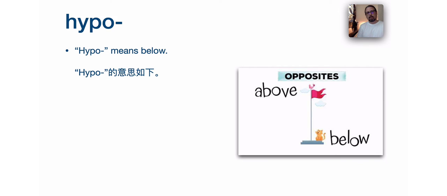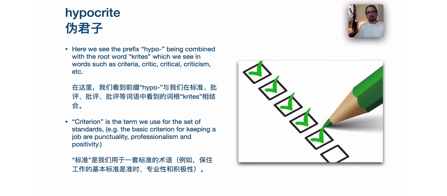All right, the second prefix is hypo, and that means below. The first word here is hypocrite. So do you know the meaning of this word, hypocrite? Well, we know that hypo as a prefix means below.